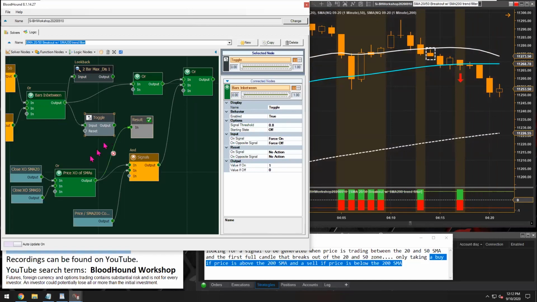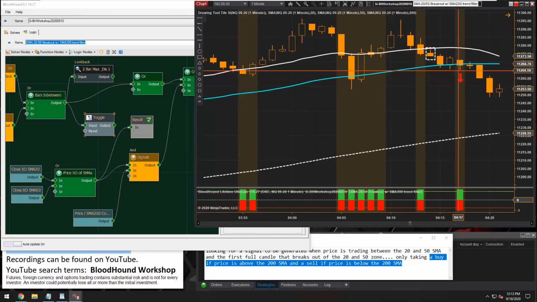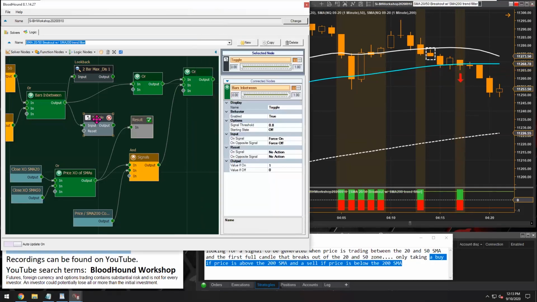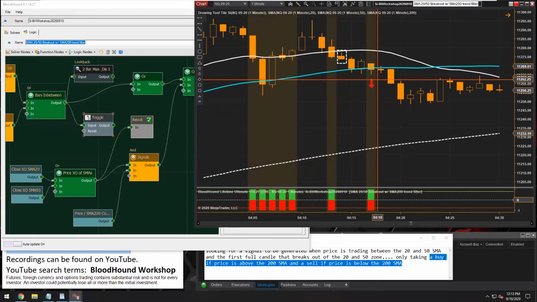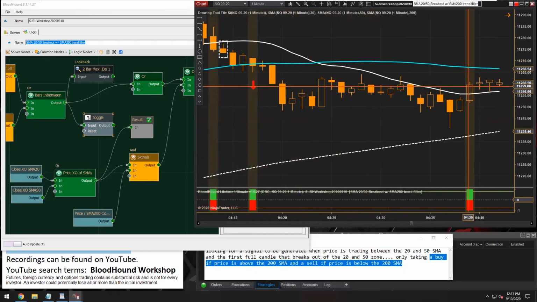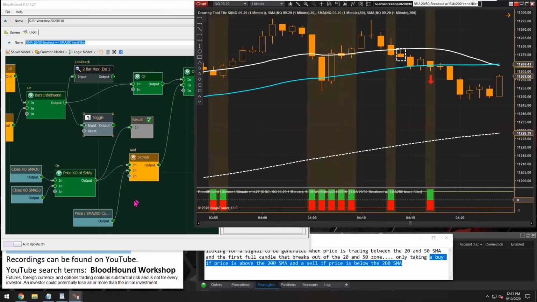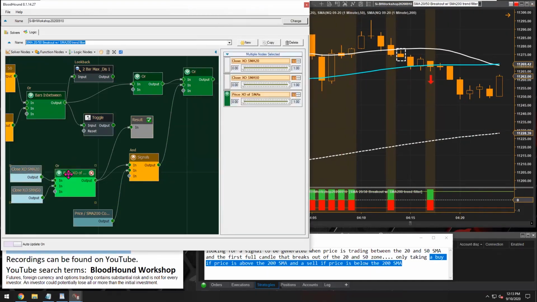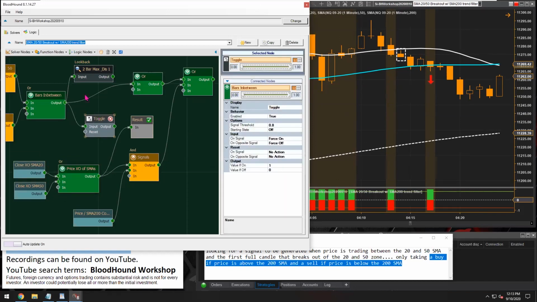When the crossover occurs, that's the breakout that we're looking for. So when that breakout or crossover occurs, that's when we need to turn the toggle node off, and therefore the toggle node will wait for the next bar that goes in between the moving averages. So I can use these crossover or breakout signals to turn the toggle node off.